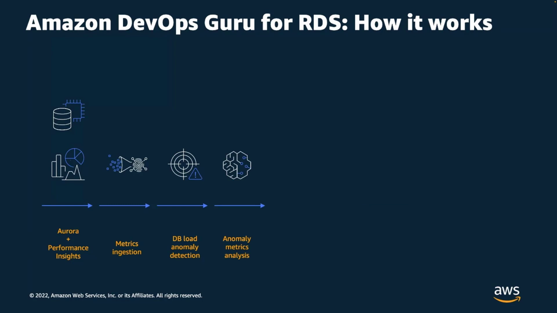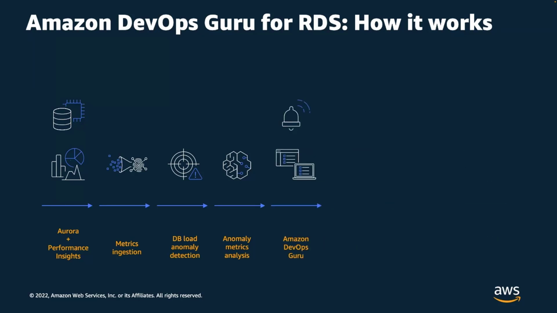Once an anomaly is detected, DevOps Guru for RDS performs analysis on the metrics that make up the anomaly, making note of the most prevalent wait states, SQL commands, and other metrics that coincide with the anomaly. A rule-based algorithm then processes these results and generates and stores a simple, straightforward explanation and recommendations.